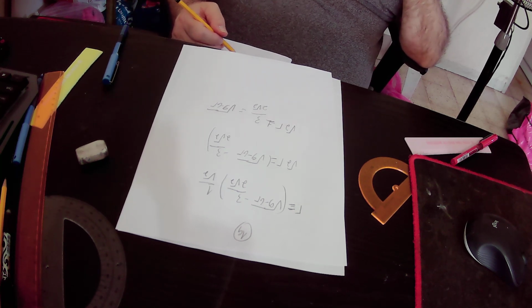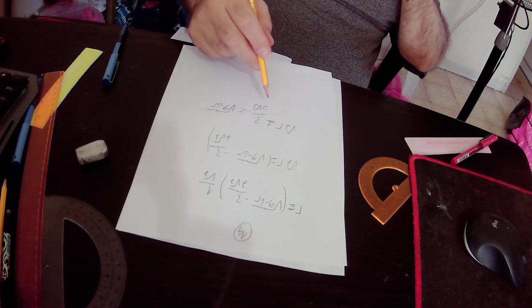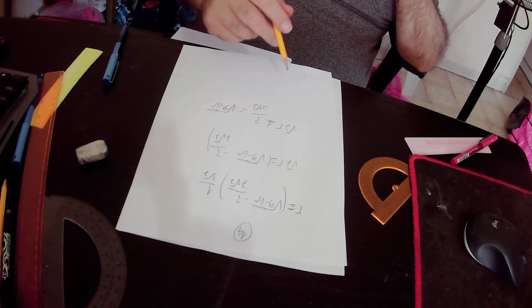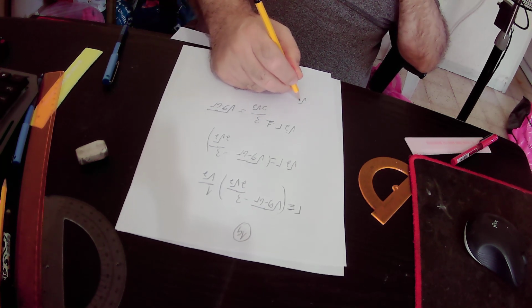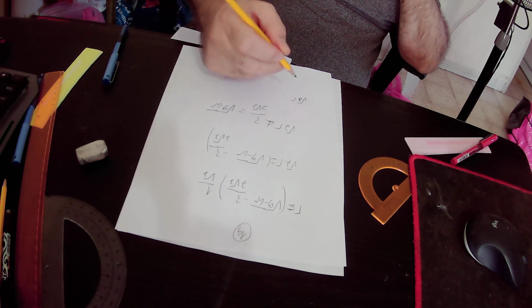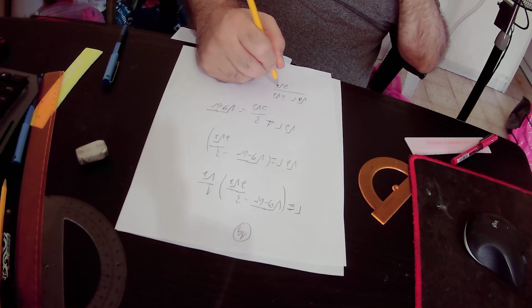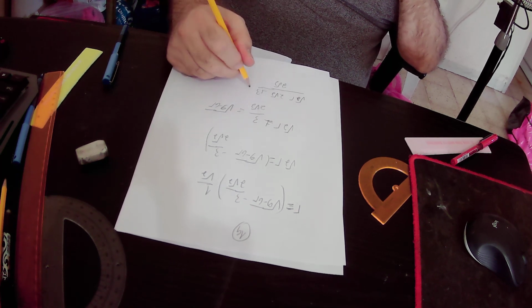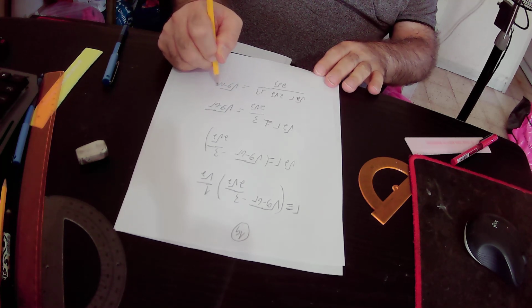Here we will multiply root 2r by 2 times root 2 and then divide by 2 times root 2, in order to have a common factor with this expression.